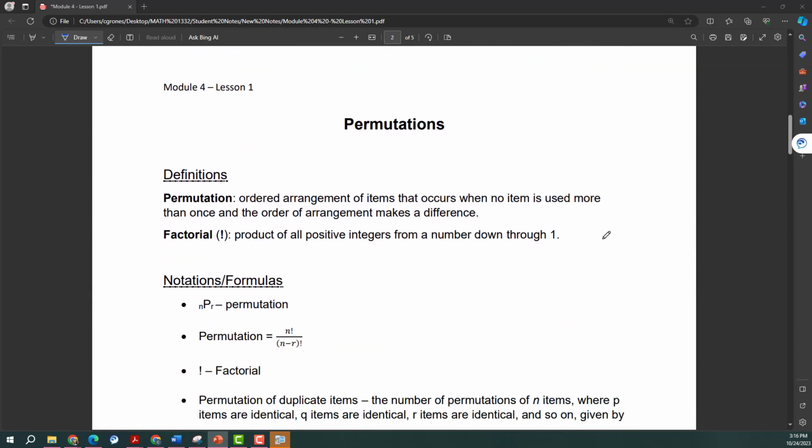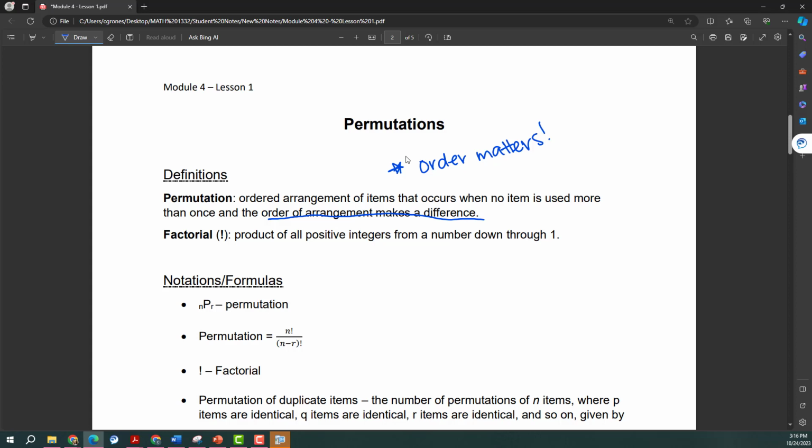All right, the next part of the lesson, we have permutations and combinations. Anytime you have an ordered arrangement of items, we can either be looking at permutations or combinations. Permutations are whenever the ordered arrangement makes a difference. So the order of the items matters.